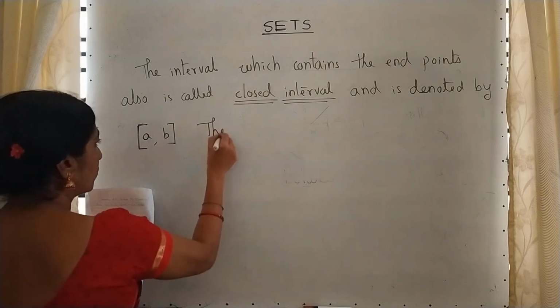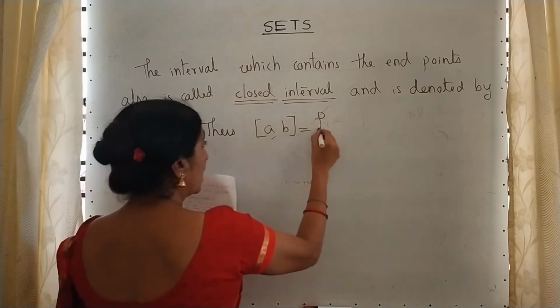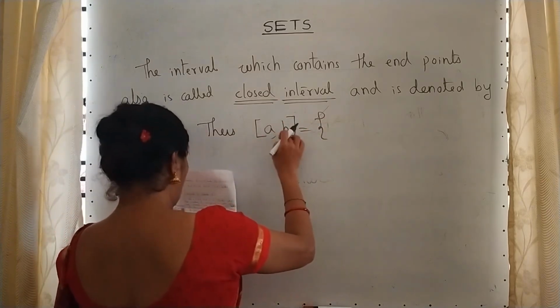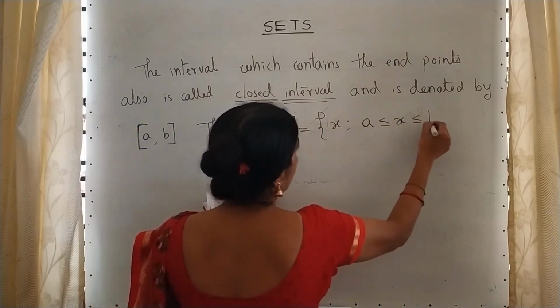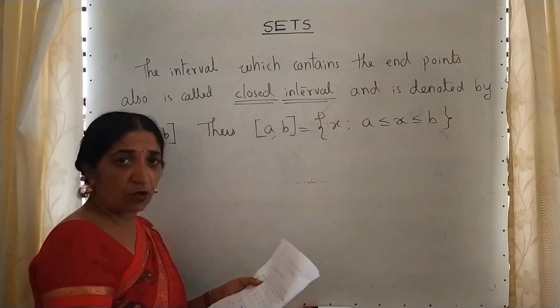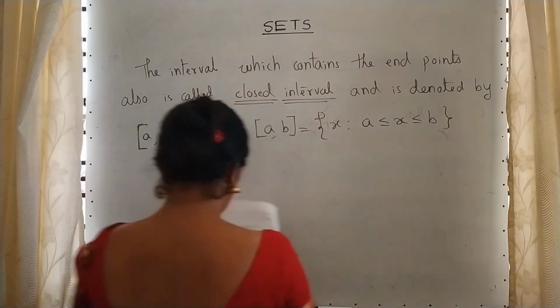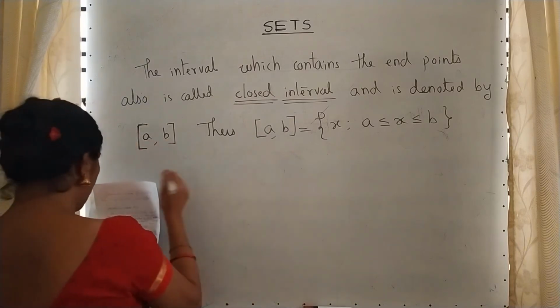That means what is a closed interval? We are taking the values x such that it is lying between A and B. Sometimes it may be A also, or it may be B also. Next, in some cases it is half open and half closed.